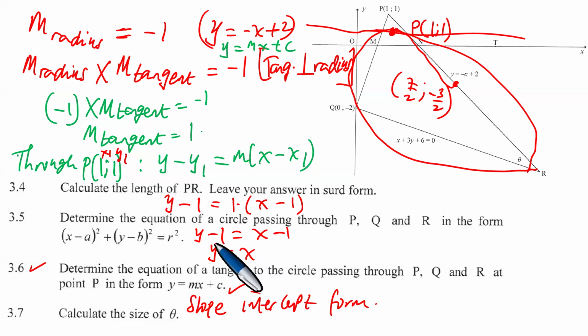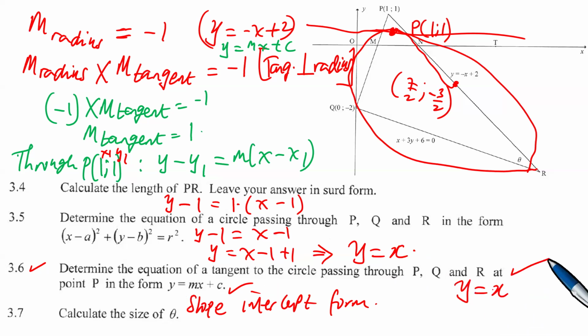Because even here, you can have -1, and then this one you bring across, so it becomes +1. In which case, this implies that y is x. Y equals x. We found therefore the equation of the line that the examiner wants, in particular the equation of the tangent. The equation of the tangent is clearly y equals x, and we have solved that question with a great deal of detail.